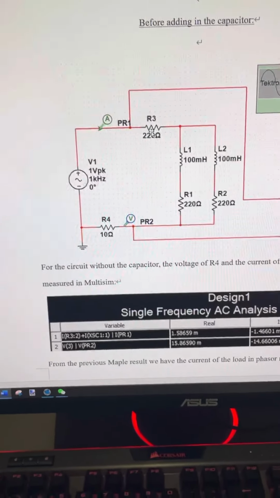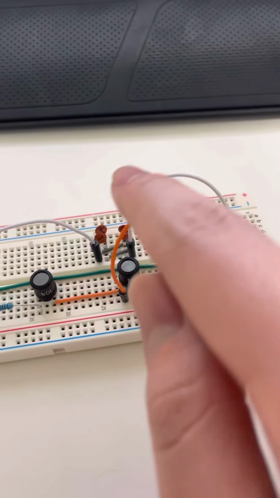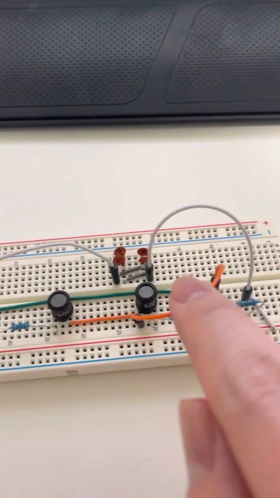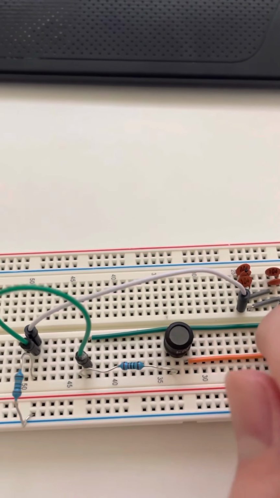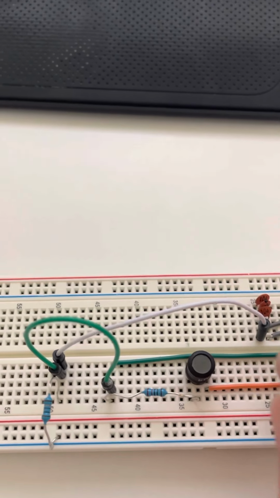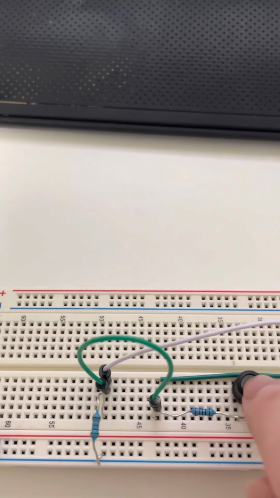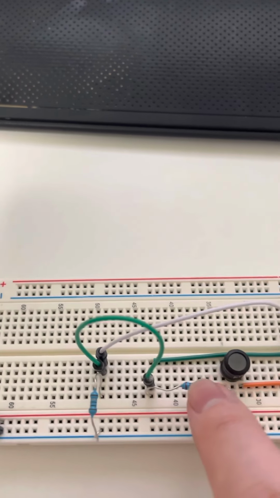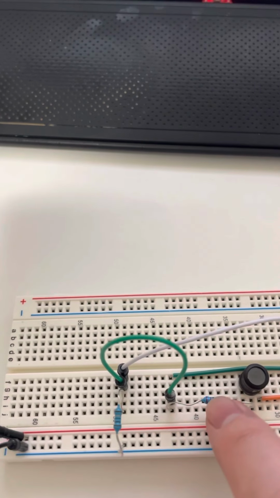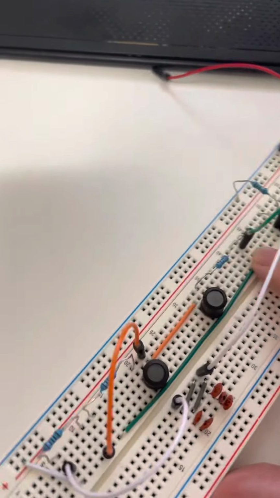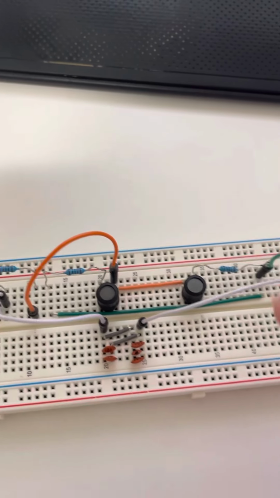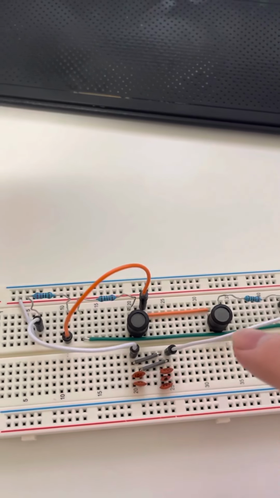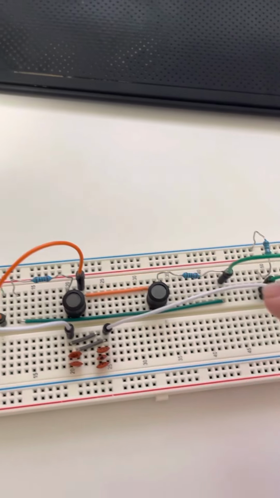And then with the orange cable here, it runs to the two inductors, which are in parallel and in series with two resistors. And when we connect them together with the green one, that is the parallel part that has the inductor and the resistor in series.